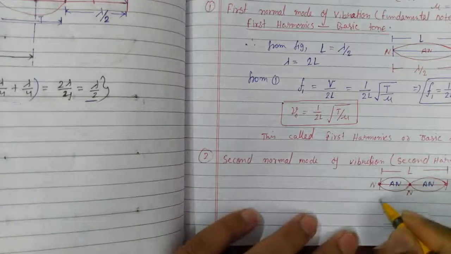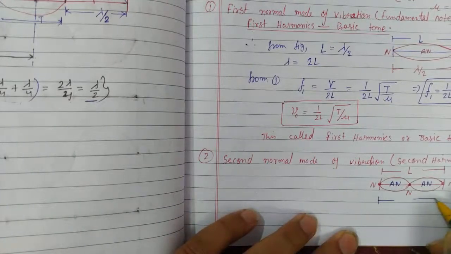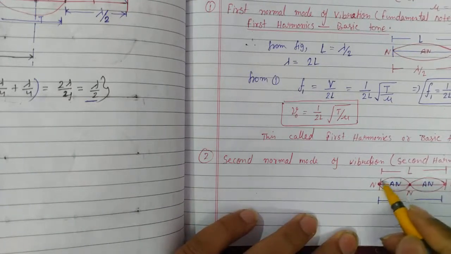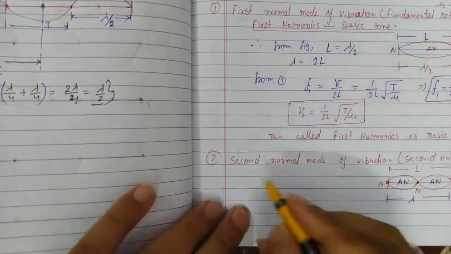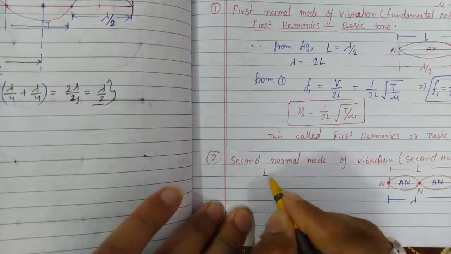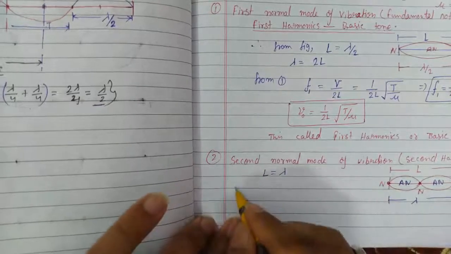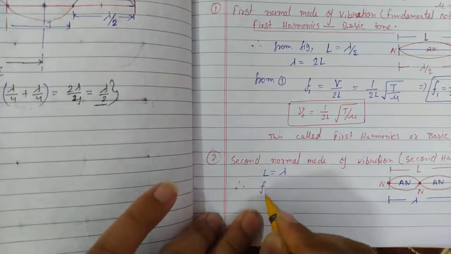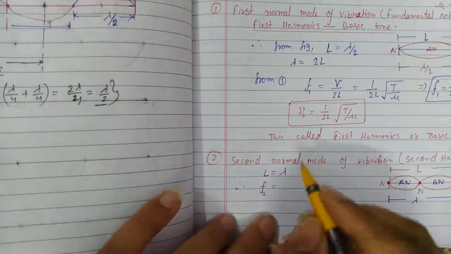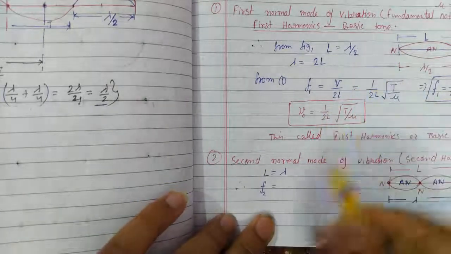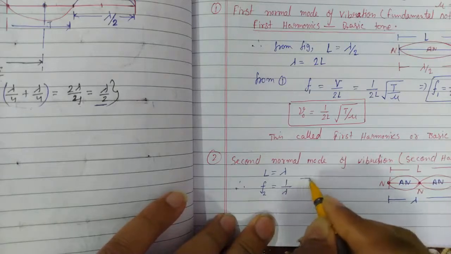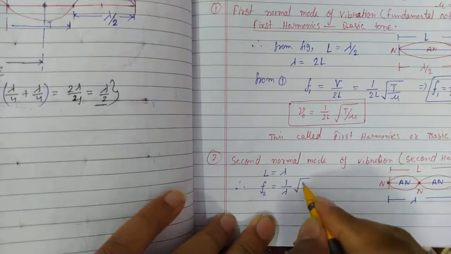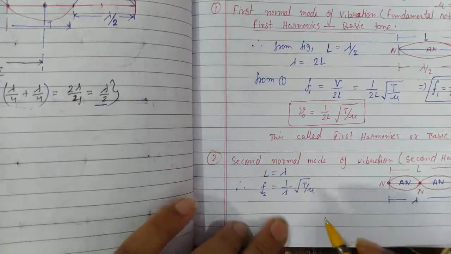Now this length L of the string is equal to crest to trough, which is lambda. Therefore length is equal to lambda. Now the frequency f2 for the second harmonic is, from the same formula, 1 upon lambda times the velocity, square root of T upon mu.